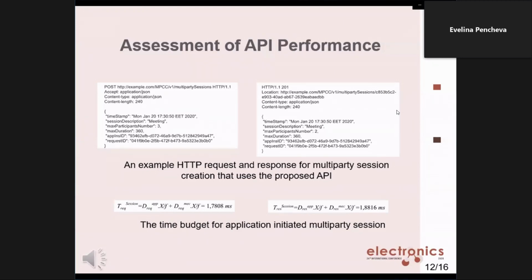The time budget for local task execution can be calculated as the product of data size in bits and computational workload in CPU cycles per bit, over the CPU frequency. The time required for message composition and processing for both the request and response is under 2 milliseconds.